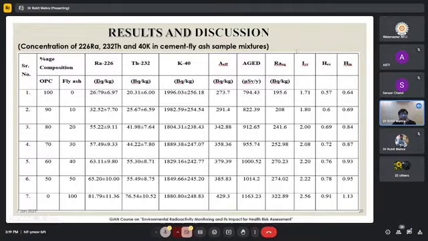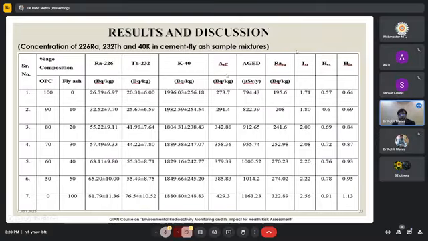And you could see that the radium concentration increases from 26.79 to 81.79. And similarly, the thorium concentration increases from 20.31 to 76.54. And there is not so much change in the potassium levels, so it remains nearly a similar trend.